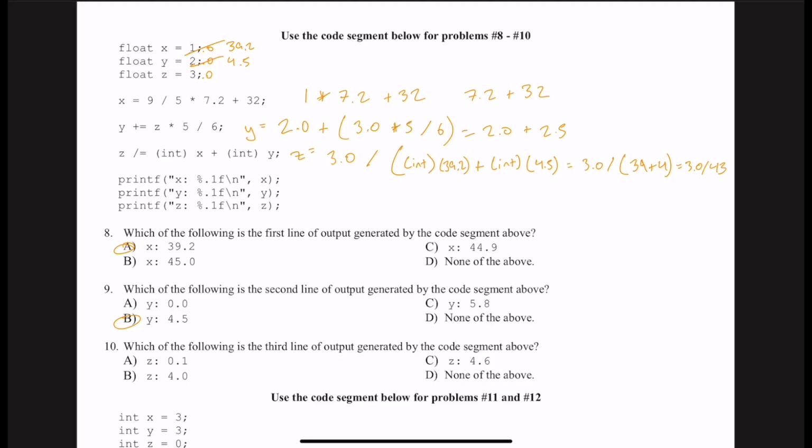And we can see that we have a precision modifier of 1 in our printf, so we only care about what the first decimal place is.